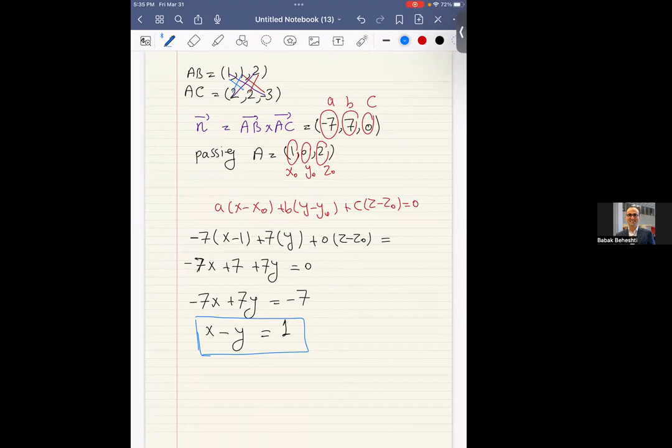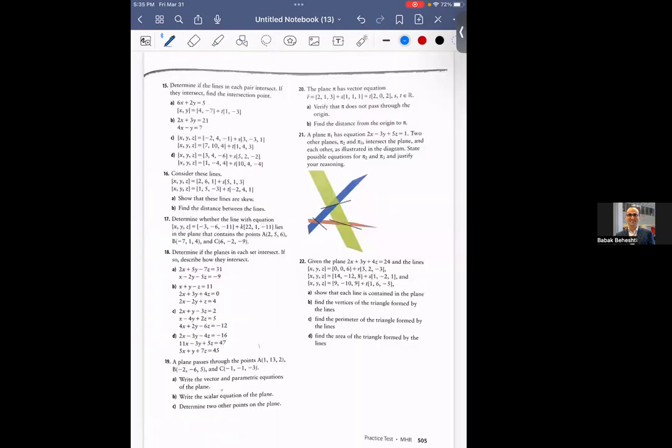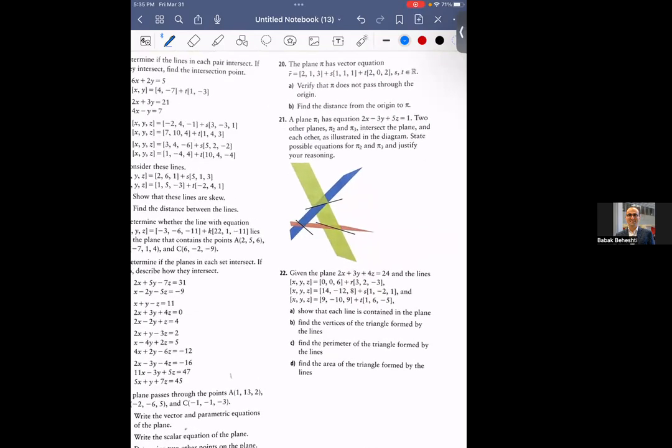Now, let me tell you one more thing: if you have two planes, for example, here, you see three planes in this picture.